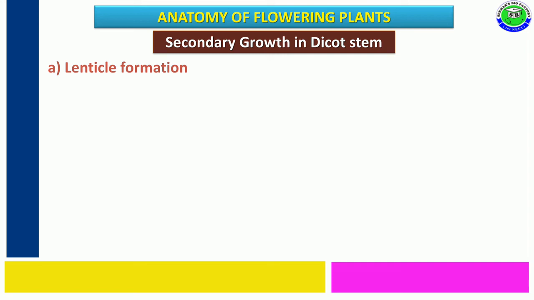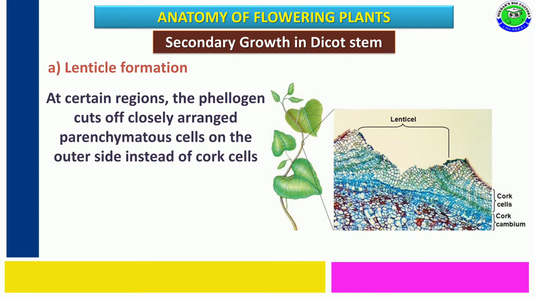One more important feature is lenticel formation. On the surface of the stem, at a few locations, the phellogen cuts off closely arranged parenchymatous cells on the outer side of the cork cells.